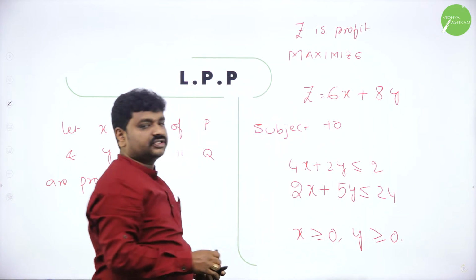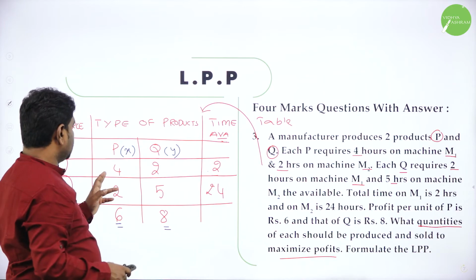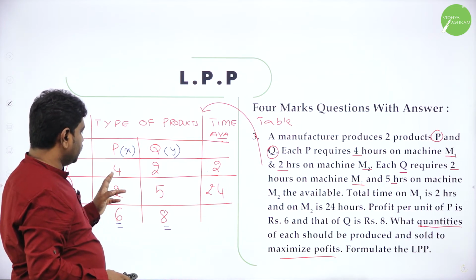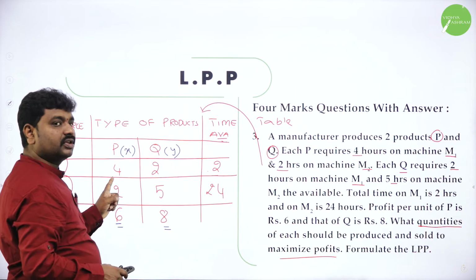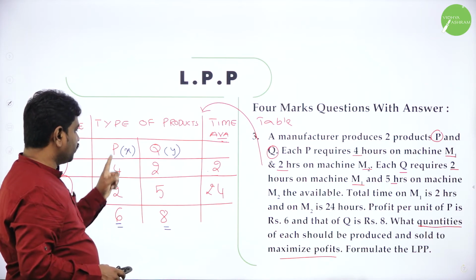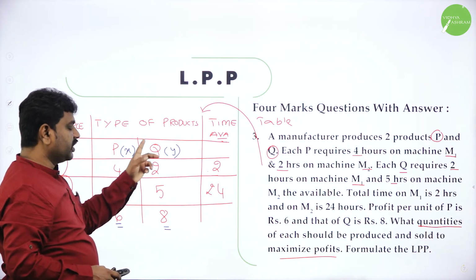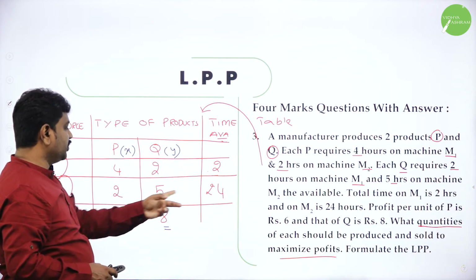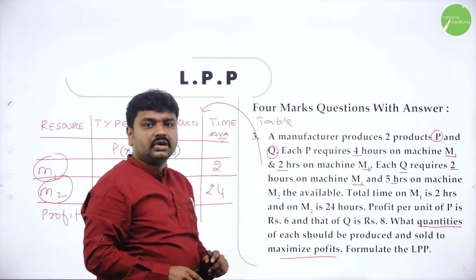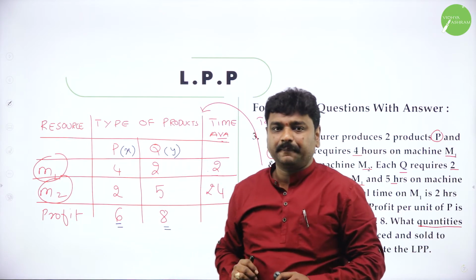So these are the conditions. Dear students, for 1 unit we need time on each machine, so for x units the total time on the machines should be less than or equal to the given limits, 2 and 24. Now I have formulated the LPP.